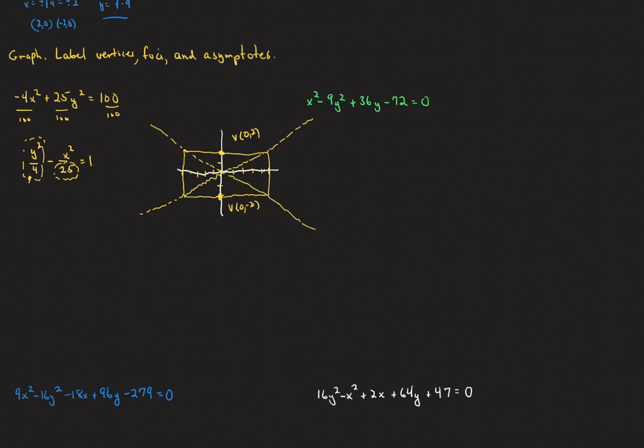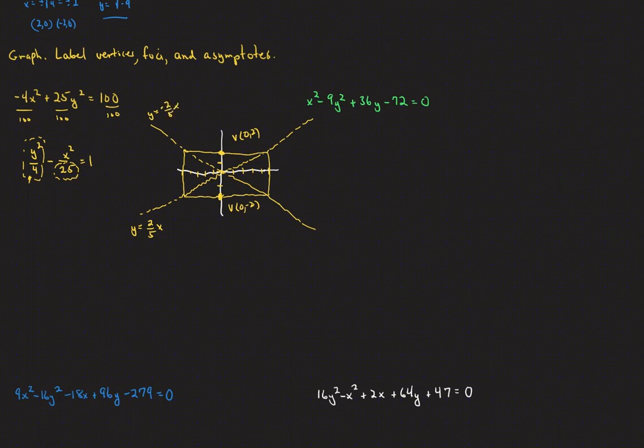Those are going to be the asymptotes. So this is going to be y equals, the slope is going to be a rise of 2 and a run of 5. And since this is centered at the origin, it'll be y equals 2/5 x. And the other asymptote will be negative 2/5 x.